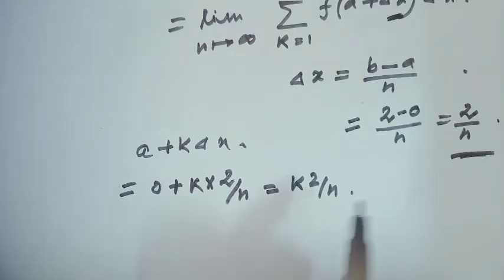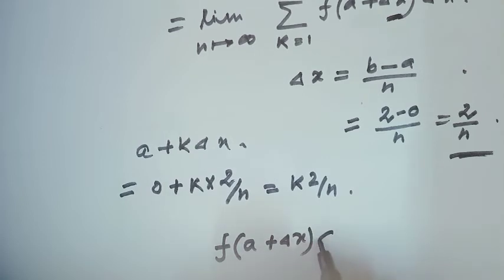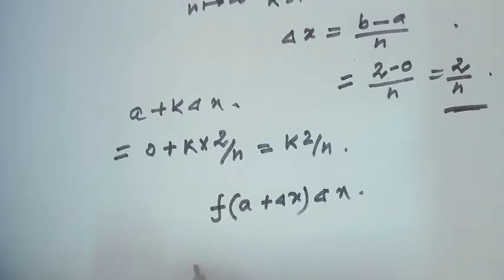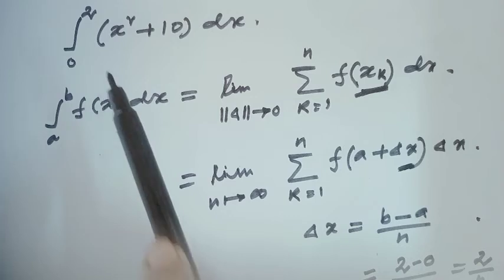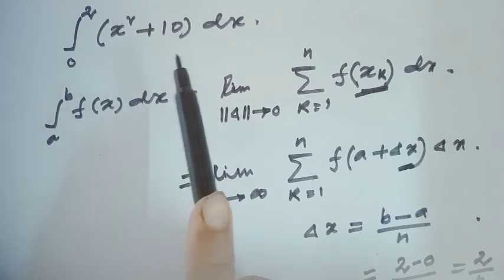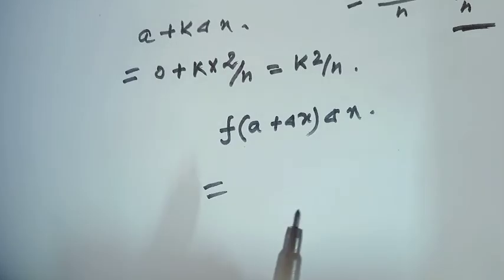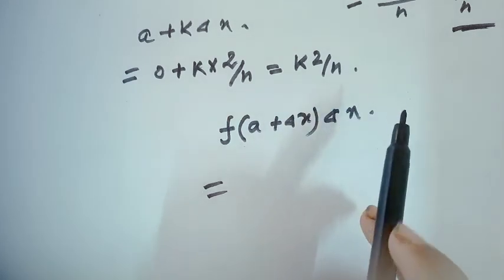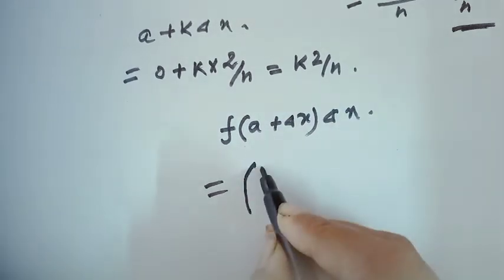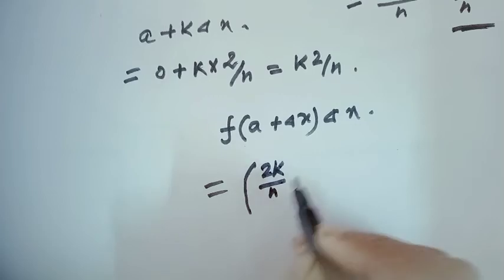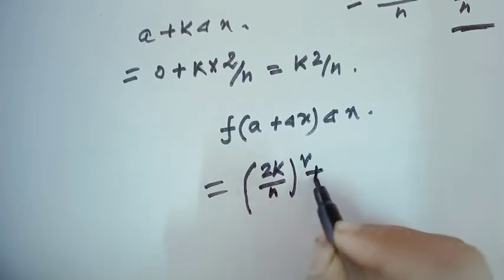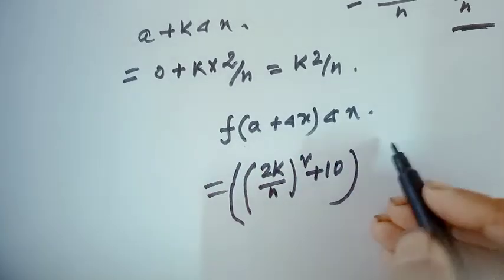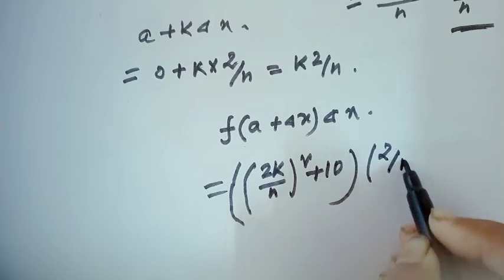And if we put the value in the function, then f of a plus k delta x, since the function here is defined as x square plus 10, just put the value, then this would be (2k over n) whole square plus 10, times 2 over n.